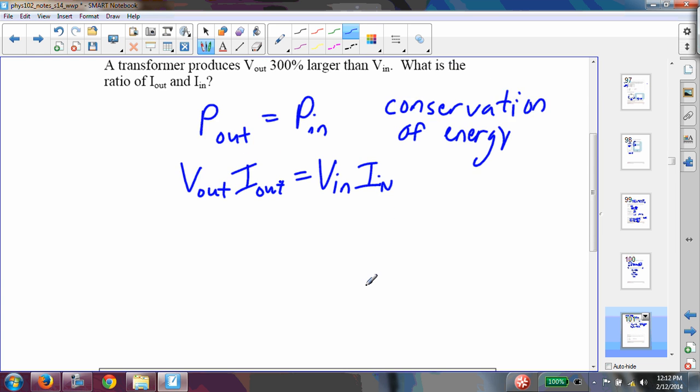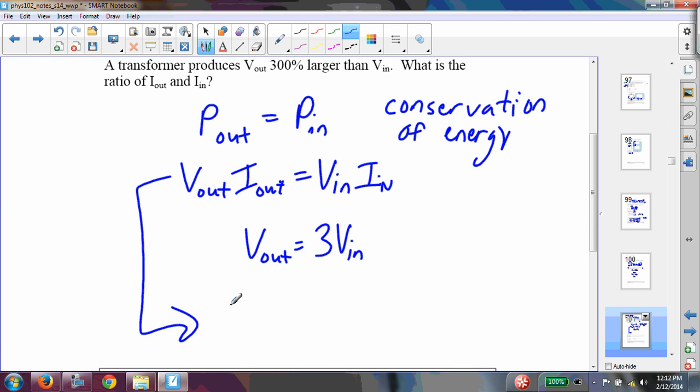But I know, just from what it says, that V out is equal to 3 times V in. I'm getting a much higher output voltage than my input voltage. So because of this, I can find a relationship between I out and I in.